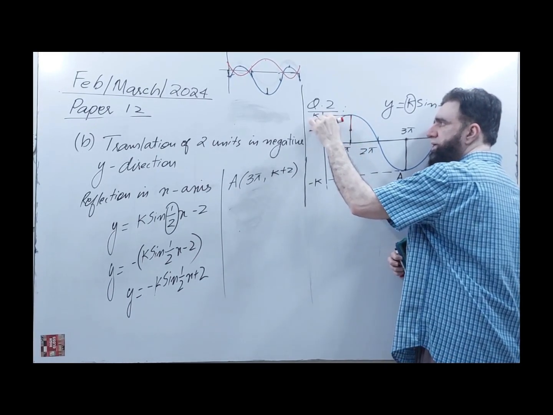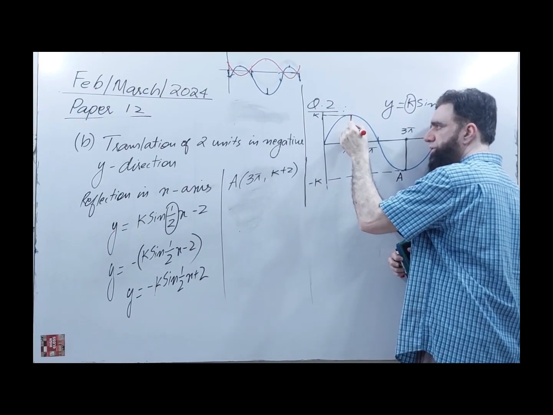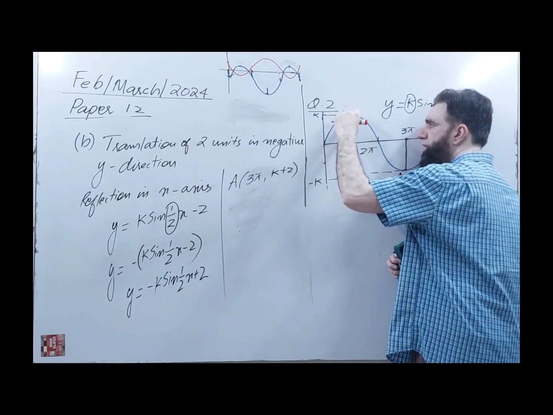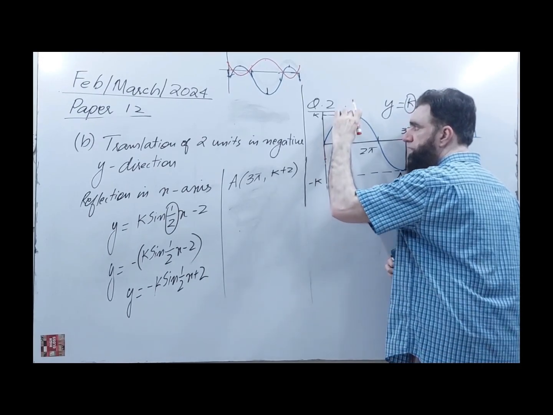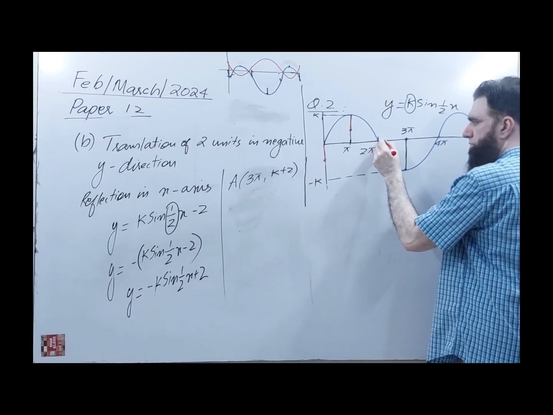Whatever the value of k, when you subtract 2 units, it will come down 2 units. Try to make sure that these distances are almost equal. This point also comes 2 units down.